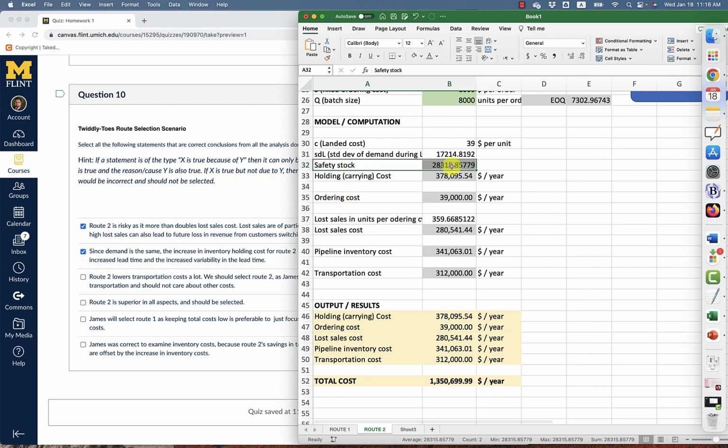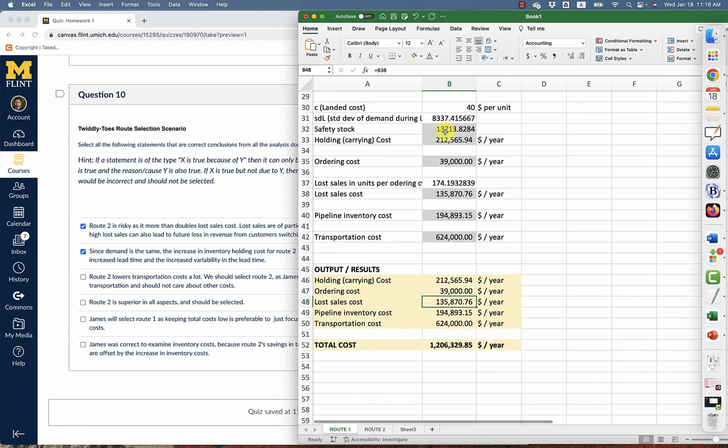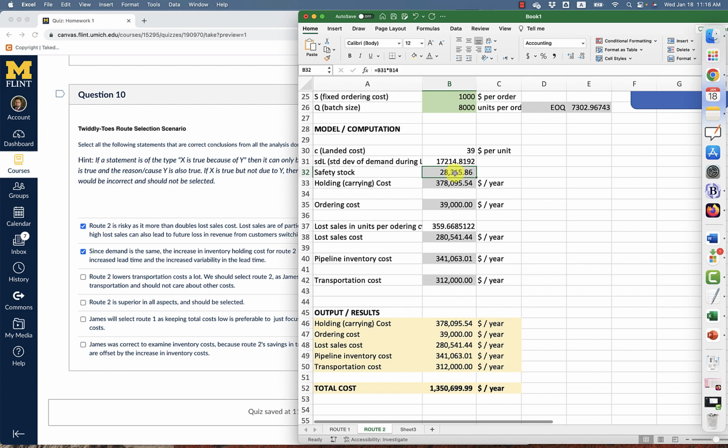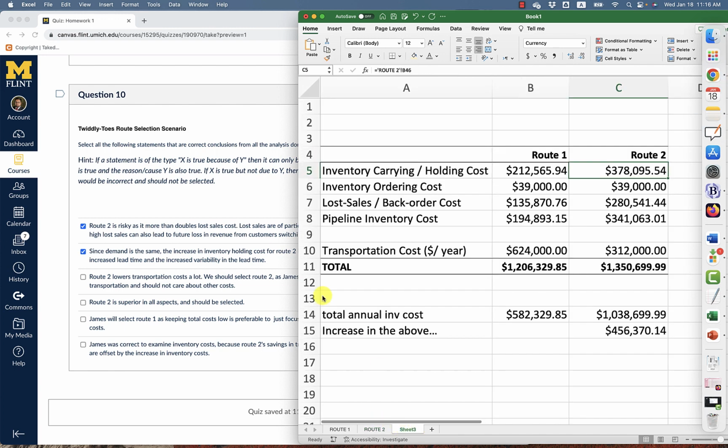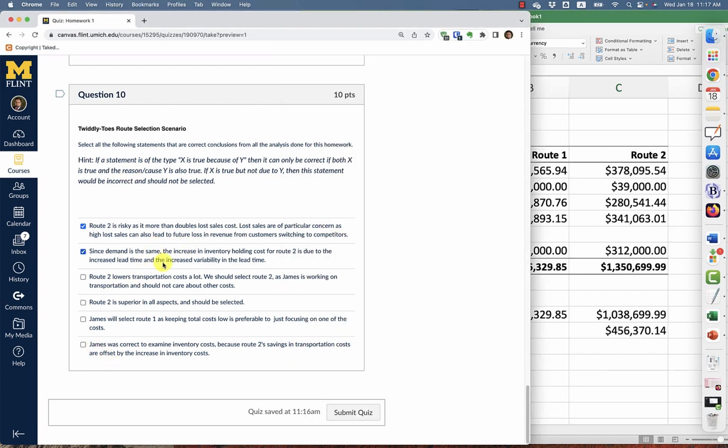Safety stock is this much here, and if you look at Route 1, the safety stock is this much here. Okay. And then this safety stock costs money to store, which is showing up here, right? So let's look at the options. So these two options seem correct.